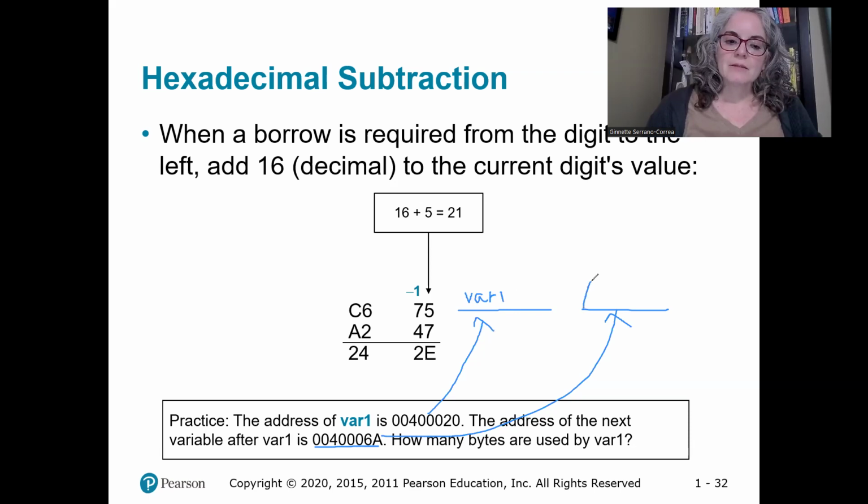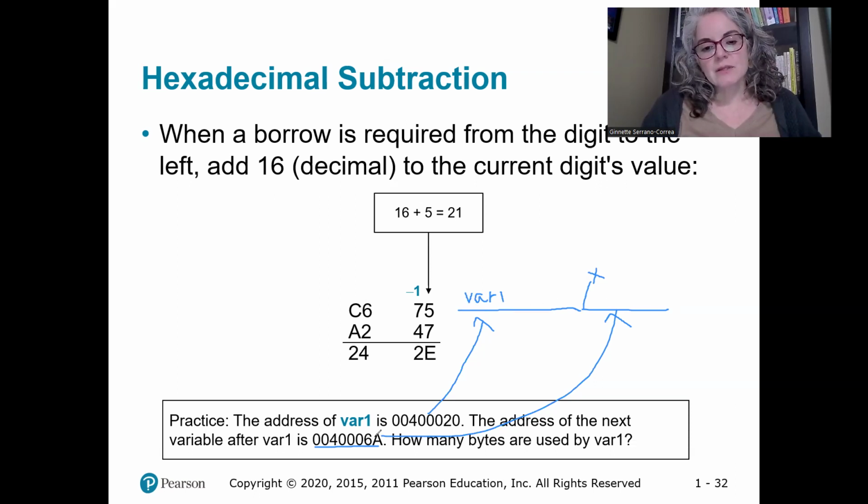Here is where the next variable starts, whatever the name is. We don't know what the name is. We'll call it X, okay? And it goes like this. So the difference between these two is going to be how big var1 is.